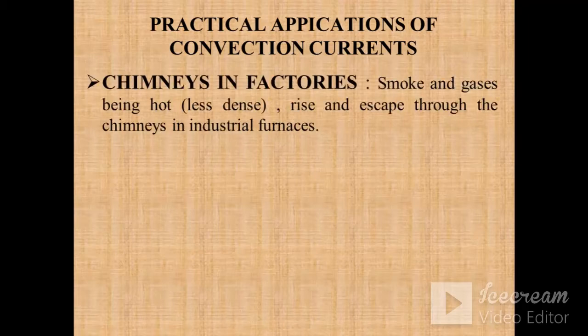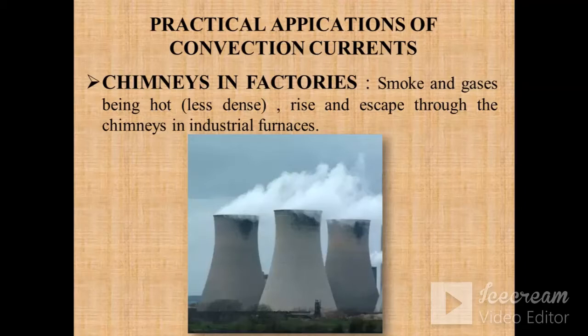Next are a few practical applications of convection currents. As we have discussed, convection is the heat transfer phenomenon which takes place due to the difference of density and due to the actual movement of the particles of the fluid. So you must have seen these chimneys. The height of the chimney is much greater, and they are much above the ground. So why are they so?